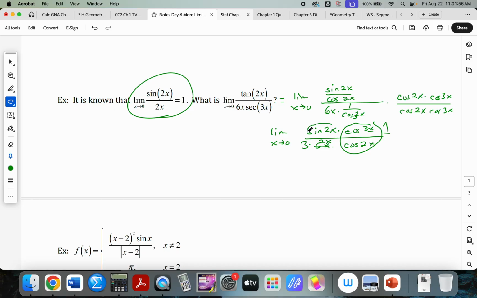What does sine of 2x over 2x go to as x goes to 0? 1. It told us this right here. Sine of 2x over 2x goes to 1. I still have a 3 in the denominator, so this is 1/3.